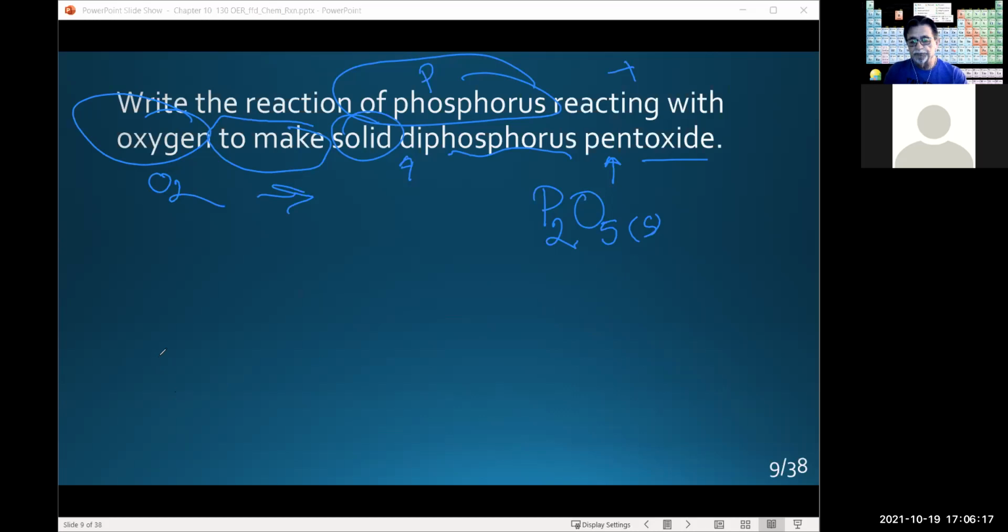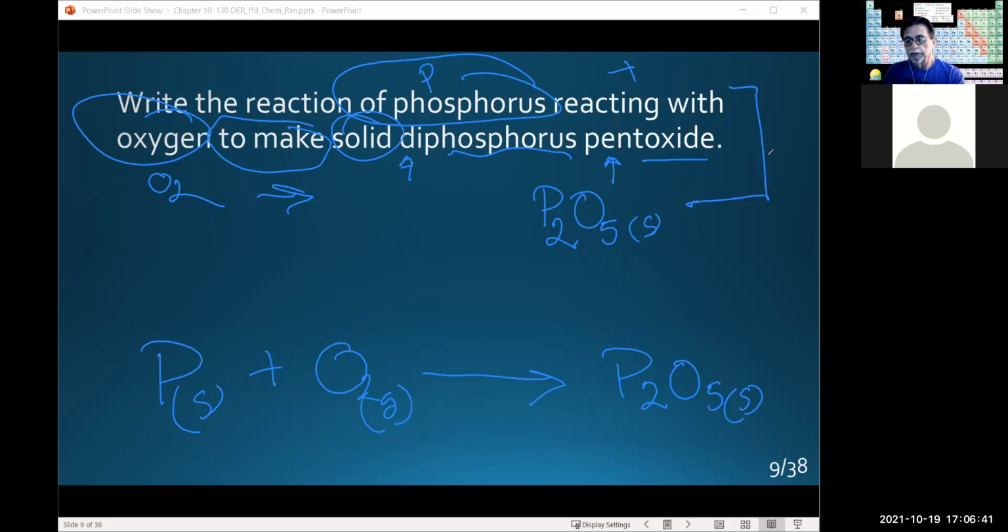So we got phosphorus, P, that's a solid, plus oxygen, diatomic, that's a gas, reacts to make diphosphorus pentoxide, which is a solid, and that's given to you. So based on the wording, we've written the reaction. Now, we have to balance it.